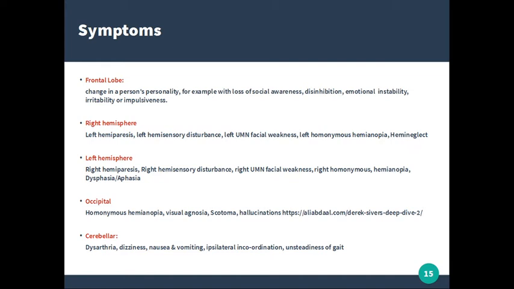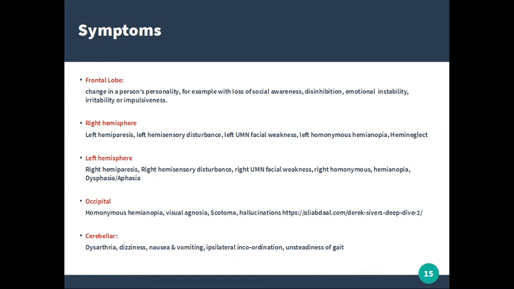If the hemispheres are affected, in the right hemisphere we would get a left hemiparesis with a left hemisensory disturbance and a left upper motor neuron facial weakness. It might also present with a left homonymous hemianopia, which is contralateral to the right lesion, and hemineglect might be present, especially if the hemisphere is non-dominant.